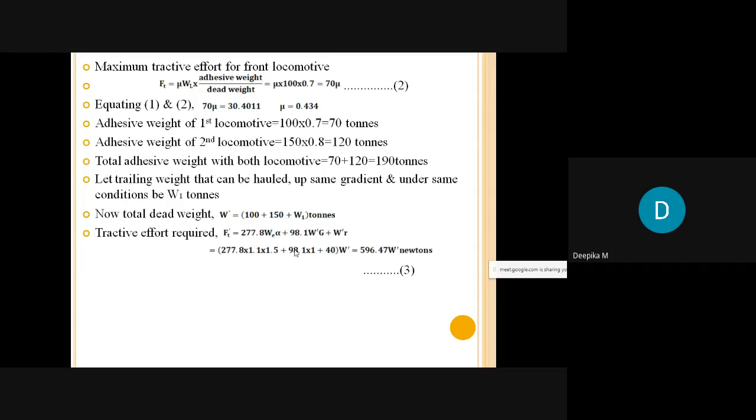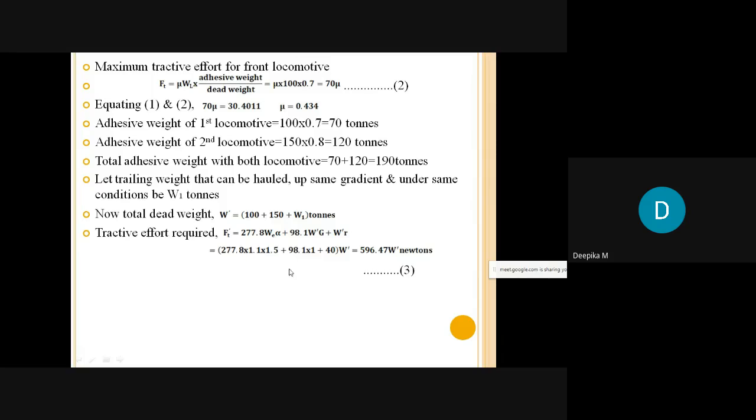Okay, so again let me take W dash common. Hence here I could write We by W dash. The ratio will be again 1.1, because they have told you that the same condition we have to use, hence the rotational inertia will be again 10%. So this ratio We by W is 1.1.